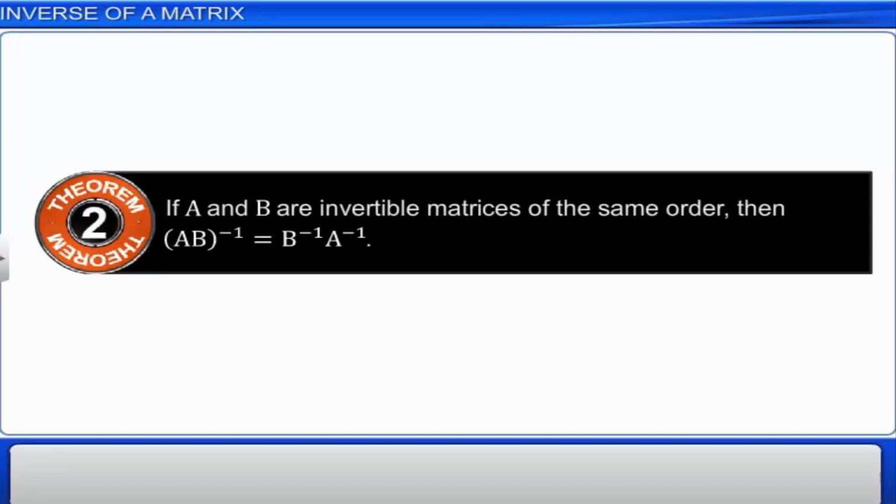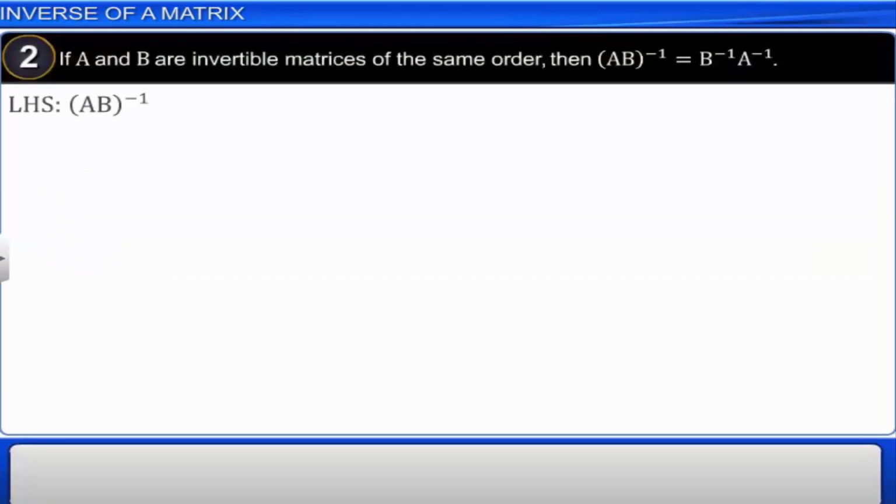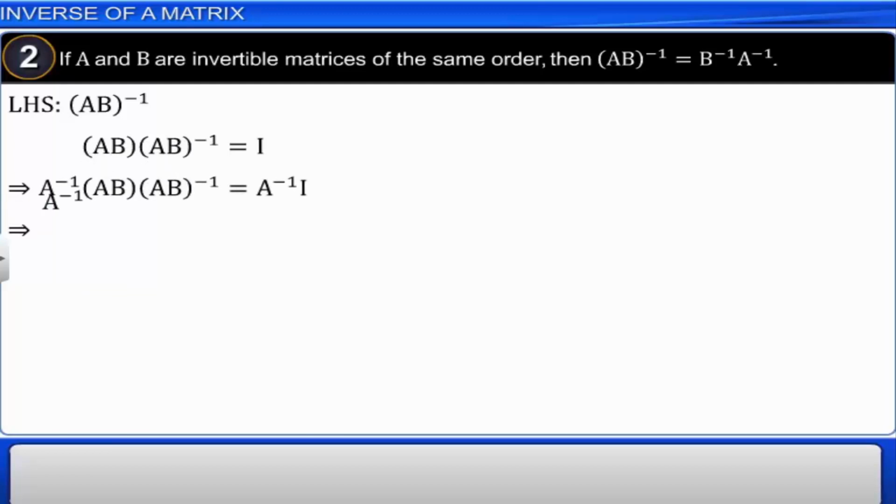Now, we will prove a theorem on the inverse of the product of two matrices. Let's start with the left-hand side. We know that the product of the matrices AB and AB inverse is equal to the identity matrix. Let's multiply with A inverse on both the sides. Since matrix multiplication is associative, we can arrange the left-hand side of the relation as shown.